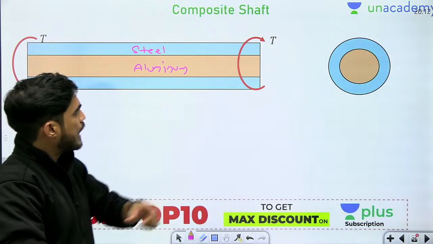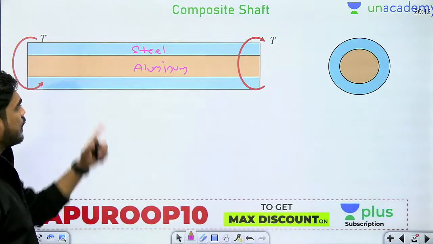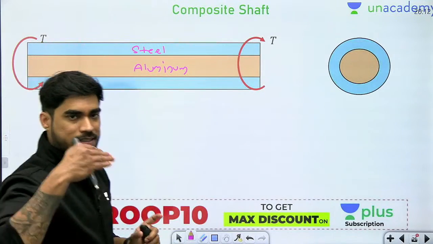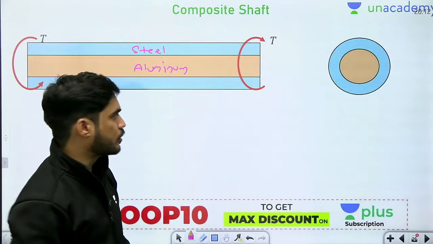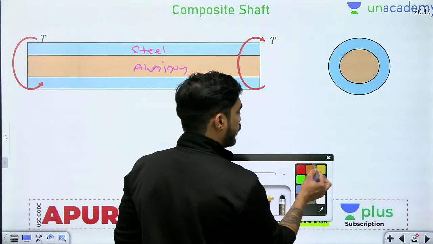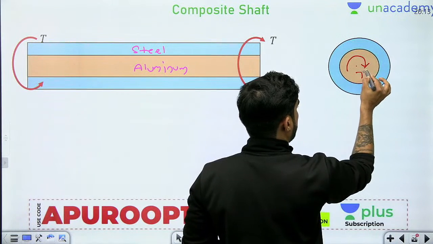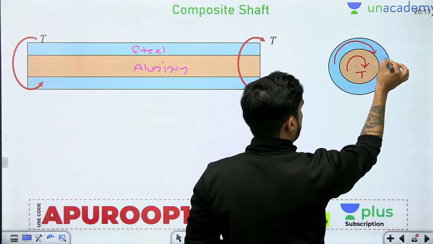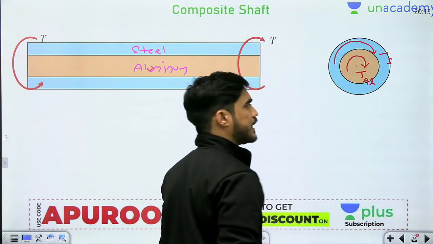Now beta, I am applying a torque T here. If I apply torque T on the composite shaft, some of that torque will be resisted by steel and some of that torque will be resisted by aluminum. Let's say the torque resisted by steel is Ts and the torque resisted by aluminum is Ta.